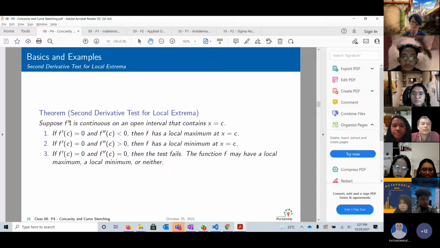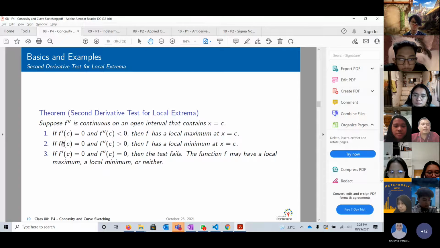Suppose that we have a function f, and the second derivative is continuous. If at x equal to c the first derivative is 0 and the second derivative is negative, then f has a local maximum. If the first derivative is 0 and the second derivative is positive, it has a local minimum. But if both are 0, then the test fails.